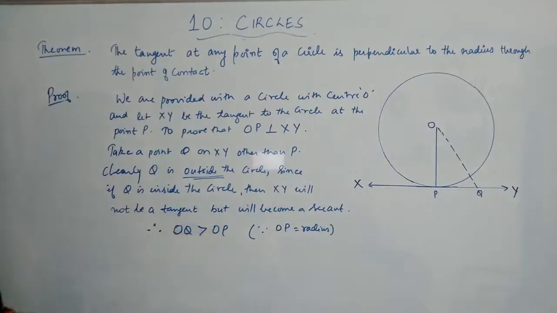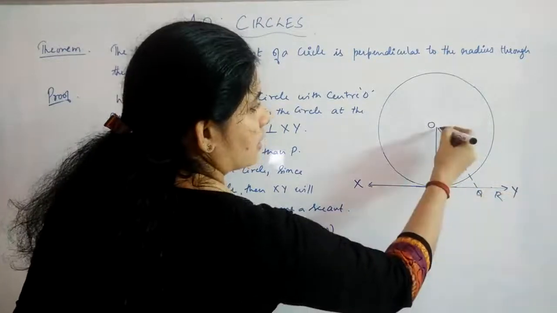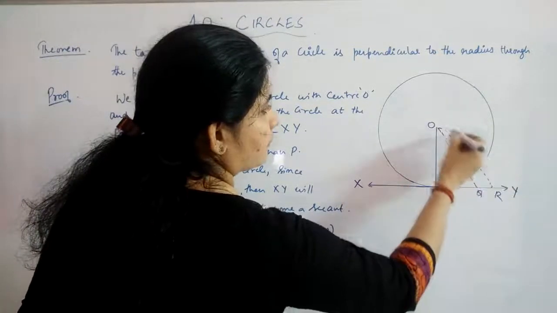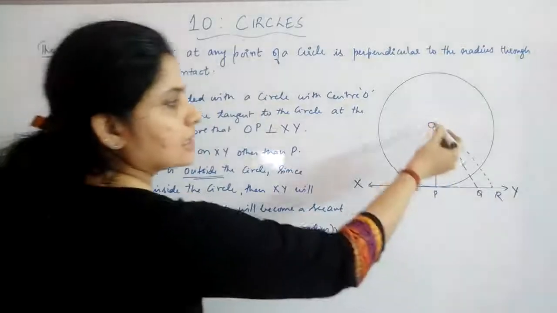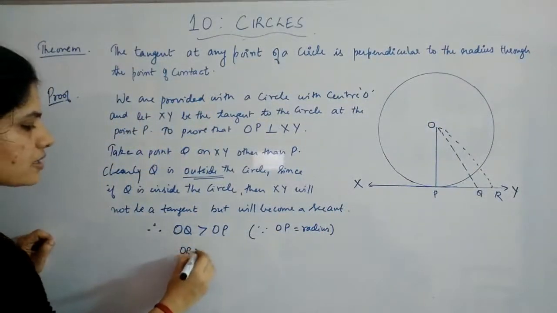Now suppose I am taking some other point, suppose R, joining again, what will happen? This will also be the same case, that is, you will get OR is greater than OP.